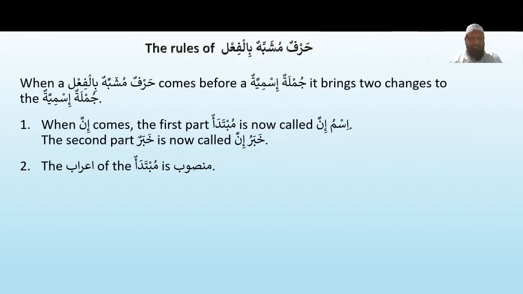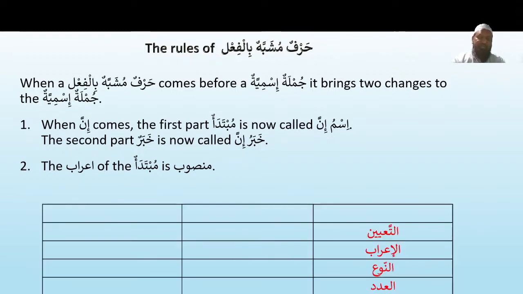And then the i'rab of kana and laysa: the khabar is mansub. Now over here the mubtada is mansub. So we can say that inna takes mubtada in mansub case and khabar in marfu' case.